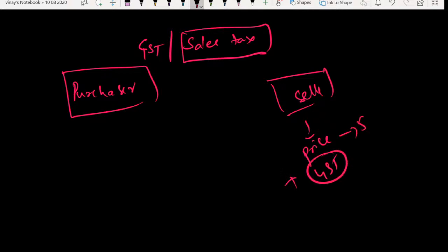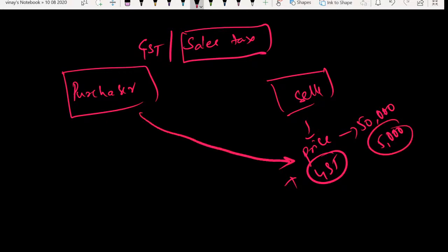The price is 50,000, and just imagine GST as 5,000. Then I bought this good. I'm also a businessman, doing a business. So I paid 55,000 to him. Out of this 55,000, 5,000 is GST, for which I will get some input tax credit.